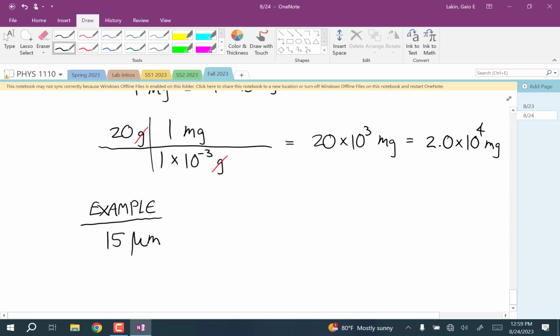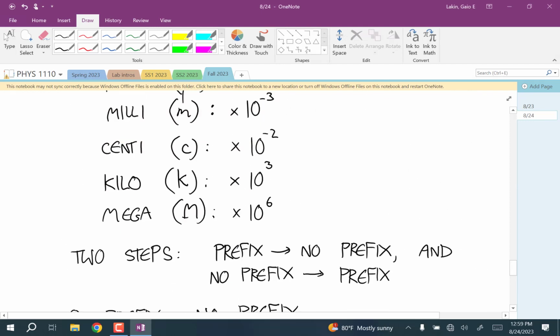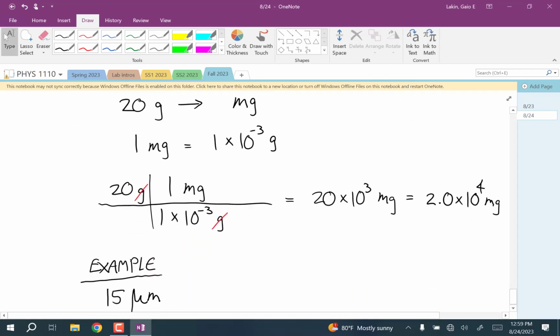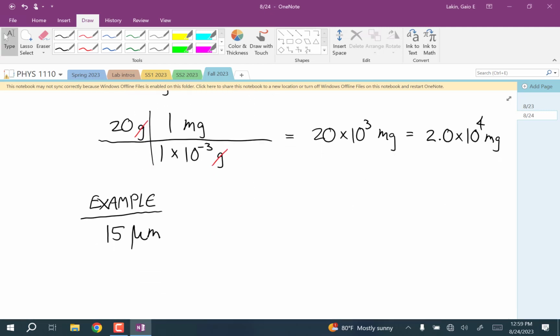A micron is a really small thing, a millionth of a meter. We want to express that in kilometers, in scientific notation. Take a few minutes and see if you can work through that. And like always, feel free to ask the people next to you, or ask me if you get stuck.